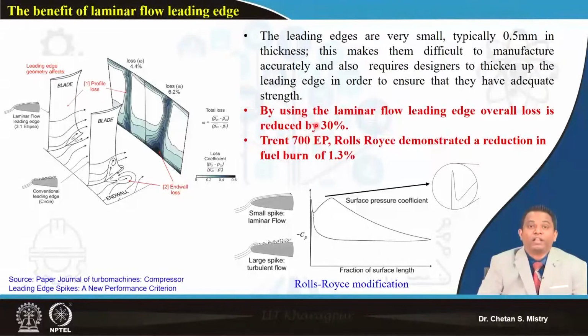And the same concept they have adopted for the Trent 700 EP, and they have found that by incorporating this kind of leading edge, they are able to reduce the fuel burn by 1.3%. This small number is for one particular engine.